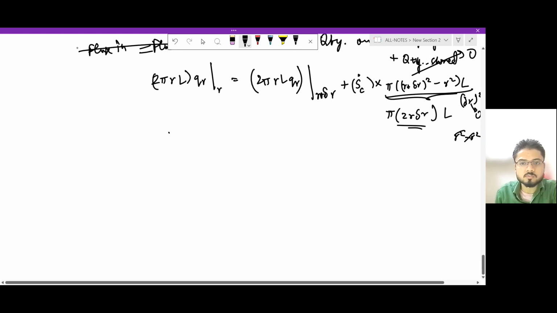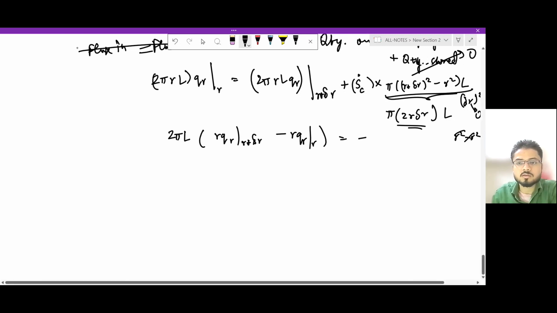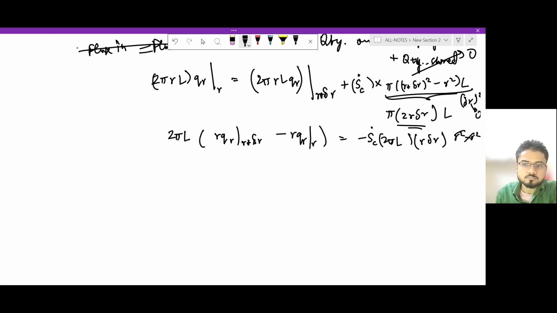So now this entire thing becomes, let's take out 2 pi common: r Q_r at r plus del r minus r Q_r at r would be equal to minus S_c dot 2 pi L r del r. All right, so cross this out, because L is not equal to 0, r is not equal to 0.